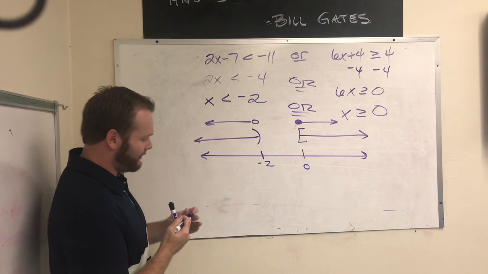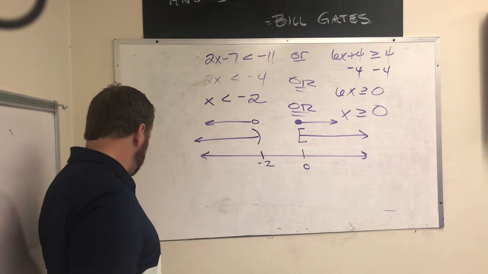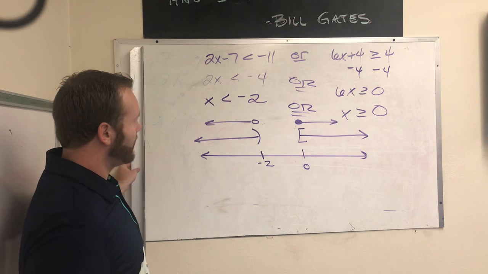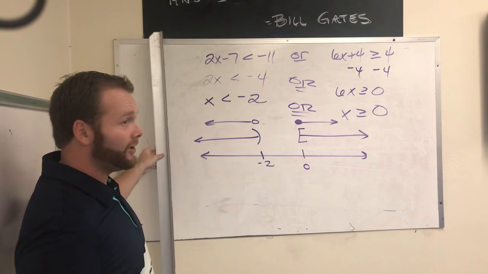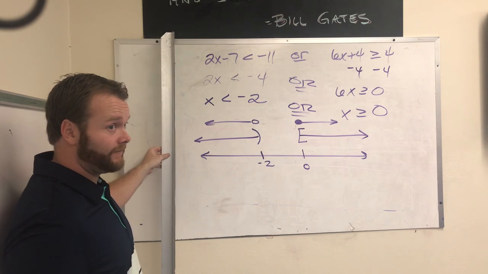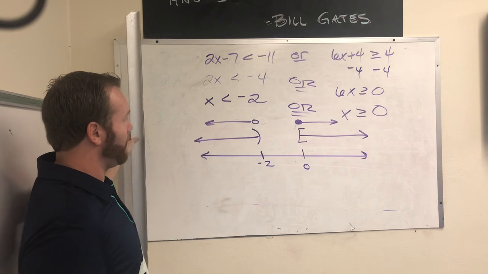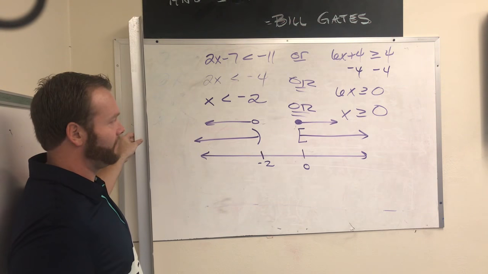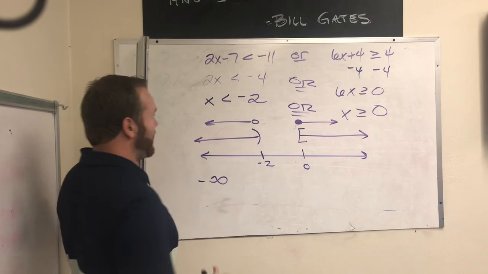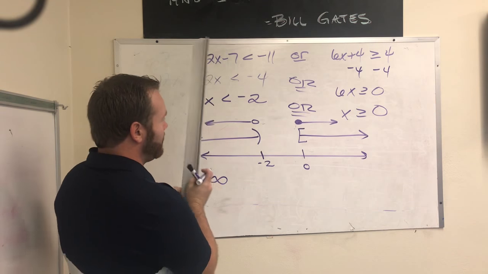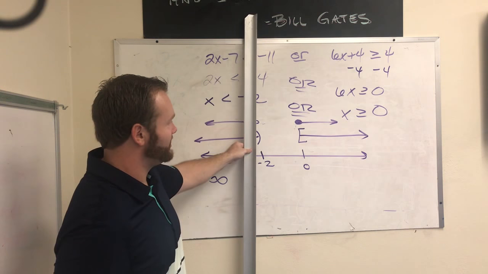Now all I have to do is what we talked about yesterday. If I take a wall and start moving that wall through my graph, I write down the values that my wall is intersecting, right? So what is the first value that my wall intersects on this side of the graph? -infinity. So we write that down. As I work through my graph, there's going to be a situation where I stop intersecting things.